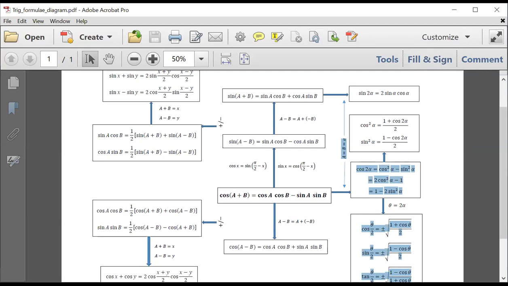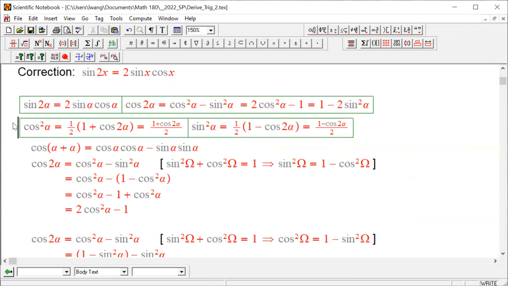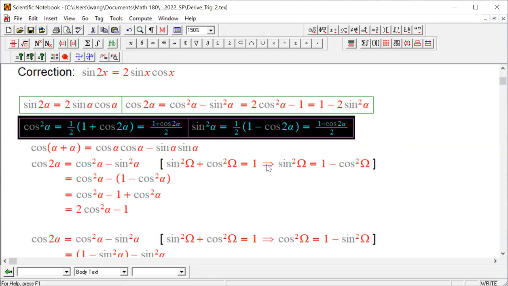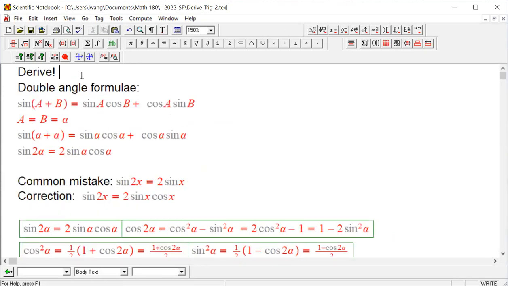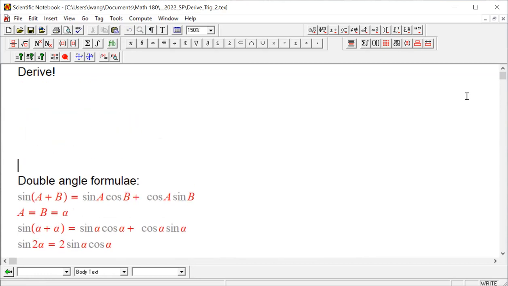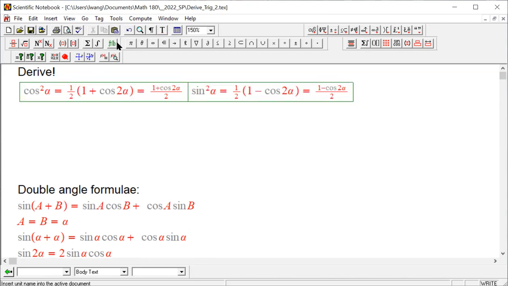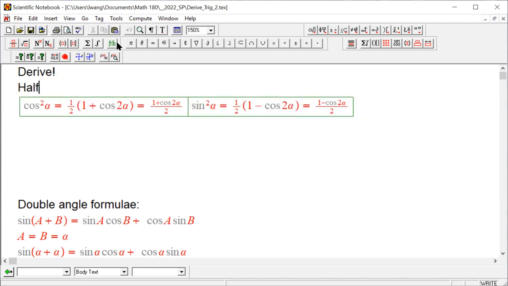Okay, so let's begin. So we have these two formulas. That's what we're going to start with. We're going to work on the half angle. Our goal is to work out the half angle formula.